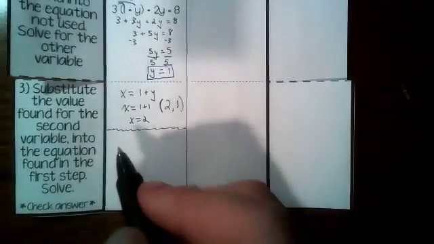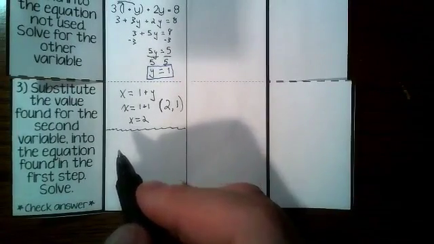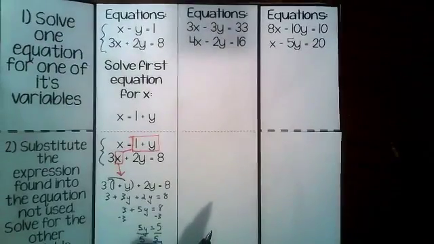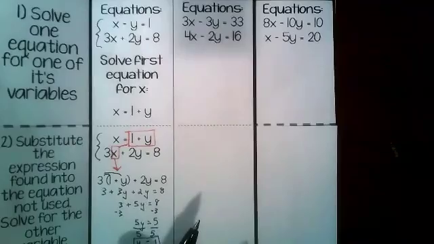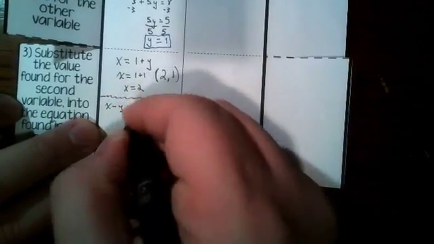But I also have to check. To check my solution for a system of equations, I have to put these answers back into the original system: x minus y equals 1, and 3x plus 2y equals 8. So x minus y equals 1.